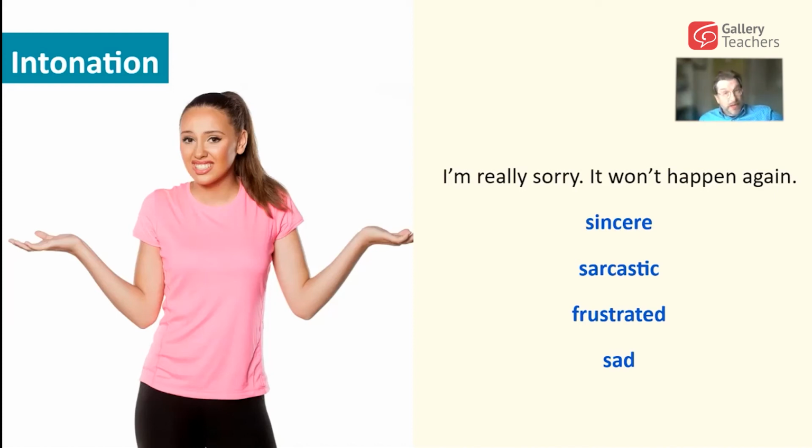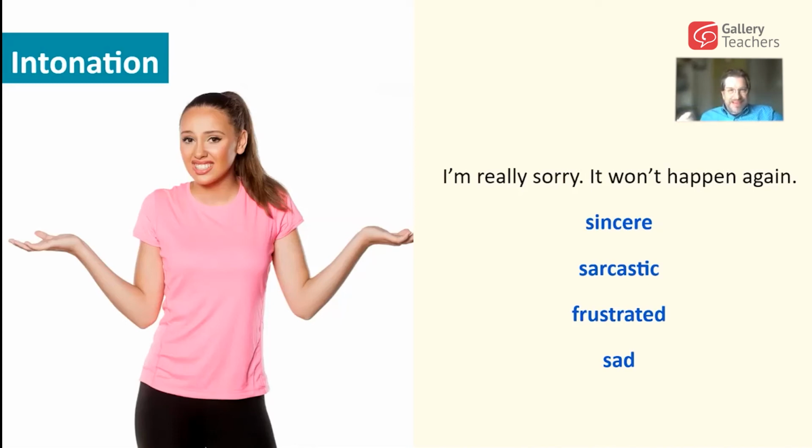It won't happen again." And take some different attitudes or emotions that line can be delivered with. So sincerely, sarcastically, frustrated, sad. With lower level students, you might say happy, sad, mean, right?